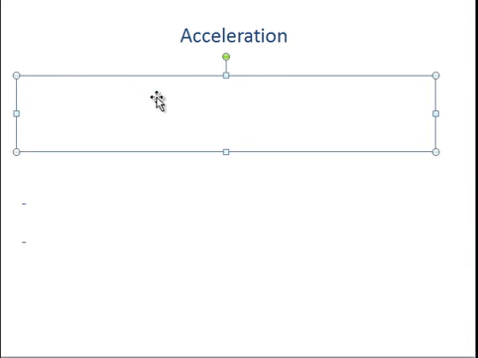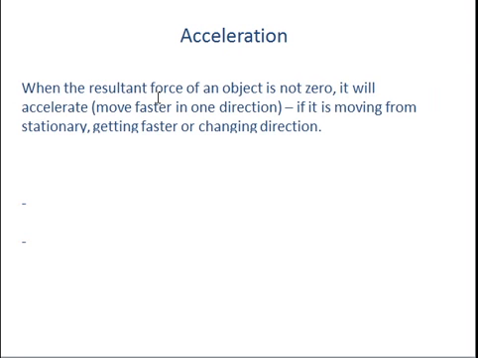So in this video we're going over the AQA GCSE additional physics topic of acceleration. Essentially, acceleration applies to an object which has a resultant force which doesn't equal zero, so a non-zero resultant force, which we discussed in the last video.